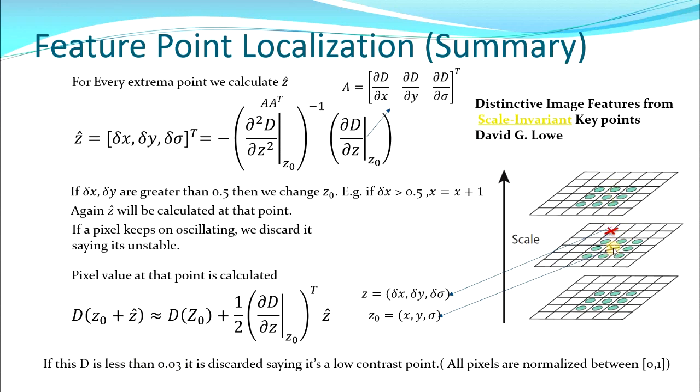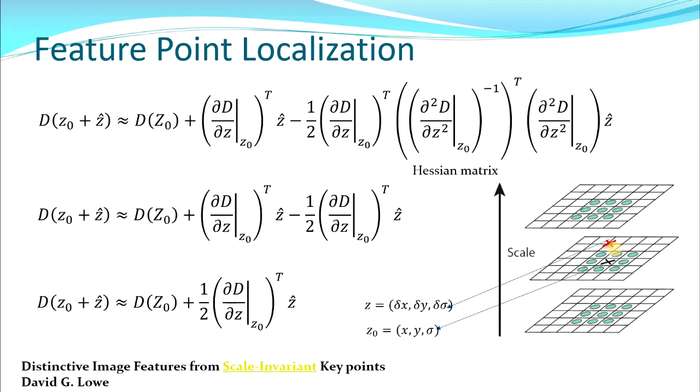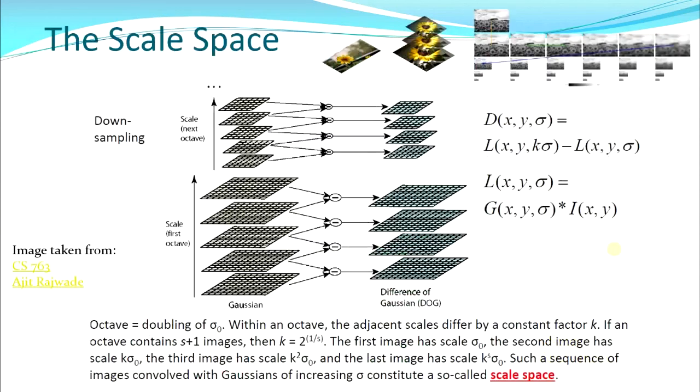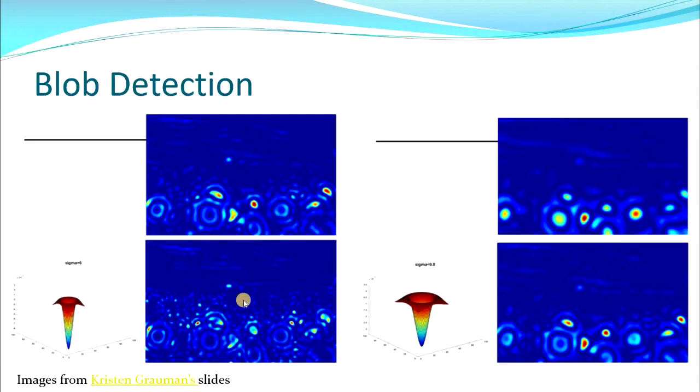Even if this is less than 0.03, I am going to discard it, because it is known as a low contrast point. You can see there are some local maxima over here also, but these are not important, and these maxima are more important than those.